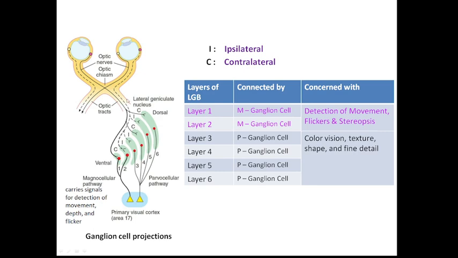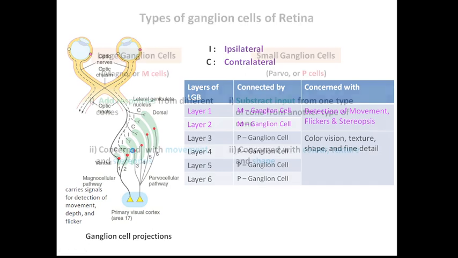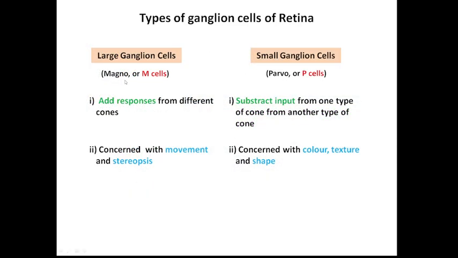Another peculiarity is that these six layers are also connected by two different types of ganglionic cells. So let us see what the different types of ganglionic cells are. In the retina, we can have two types of ganglionic cells: very large ganglionic cells and very small ganglionic cells.